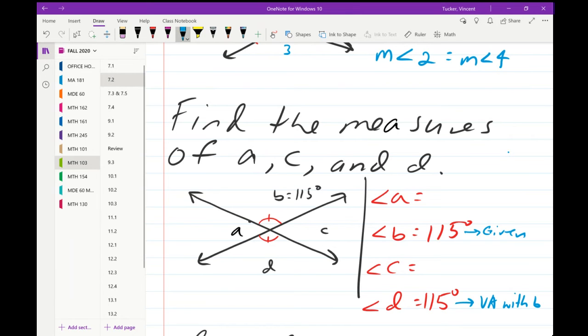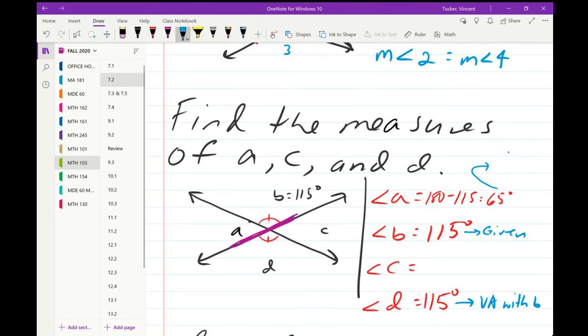All right. So now we can find A or C. It doesn't matter which one we decide to find first. If I want to find A, I see that I have a straight line that's created with A and B. So to find A, I can do 180 minus 115, which would be 65 degrees.